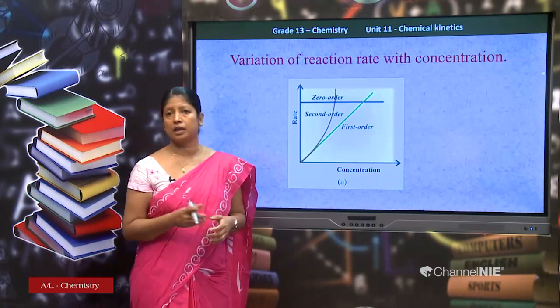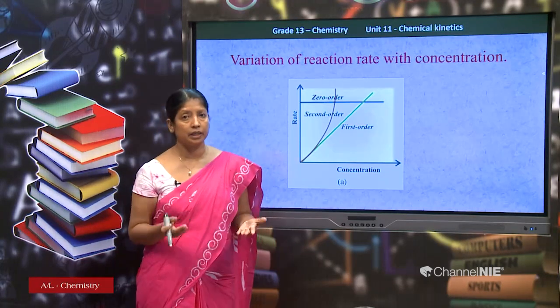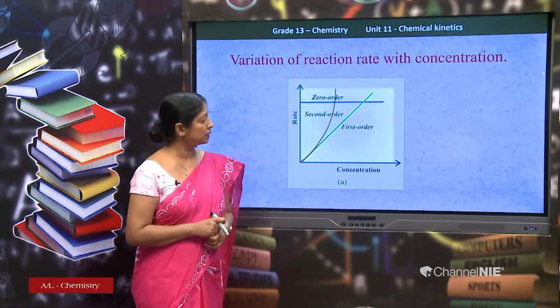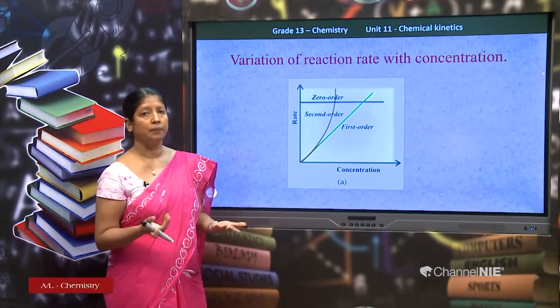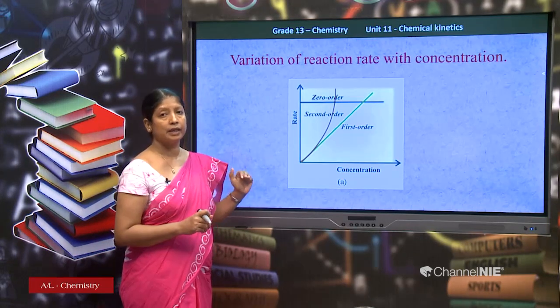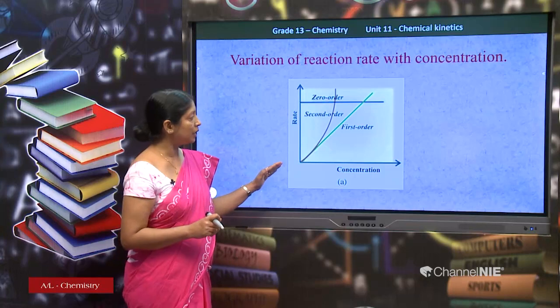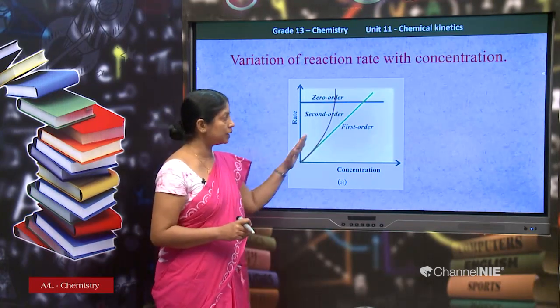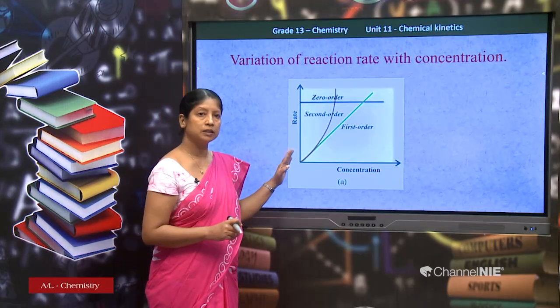When I increase it by 3 times, the rate gets increased by 3 times. When I increase it by 4 times, the rate also gets increased by 4 times. It has a linear relationship.